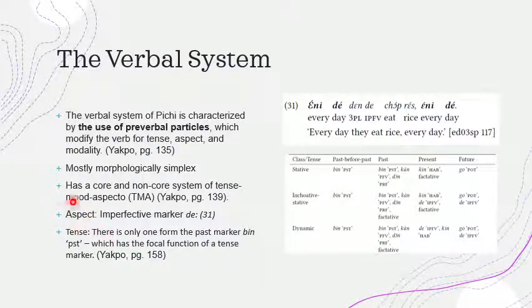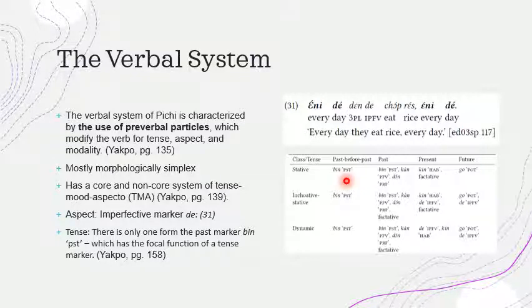So the aspect will be marked by the imperfective marker de, which we can see over here, which gives a relative space of time within the sentence. And then tense, there's only one form of the past marker been, which has the focal function of a tense marker, which we can see over here and how that functions within the different classes.